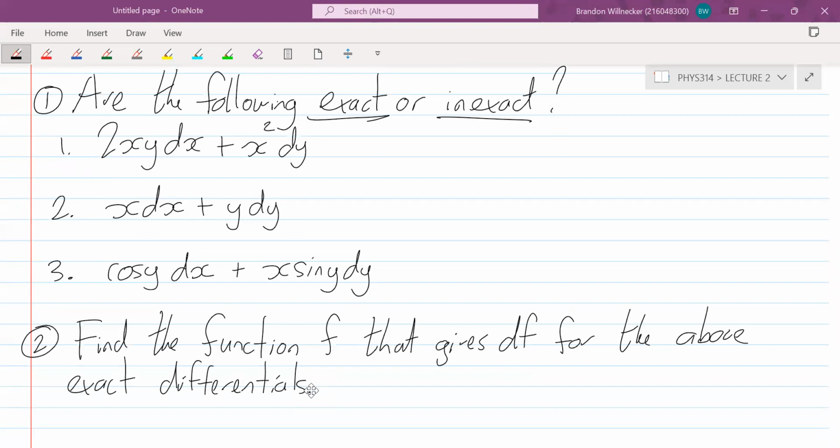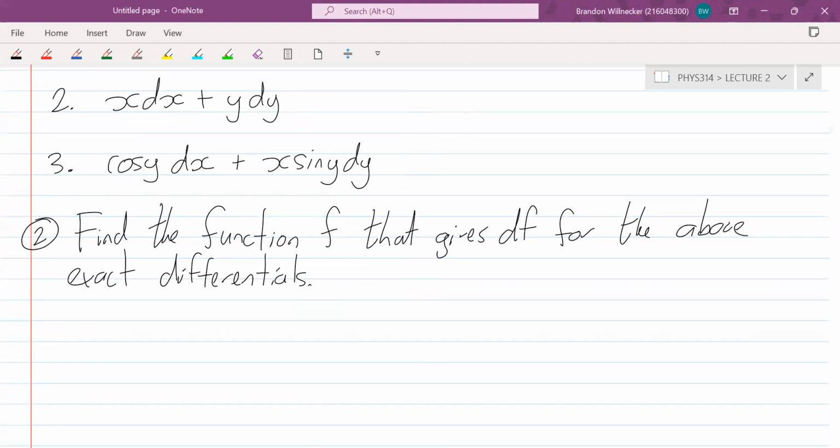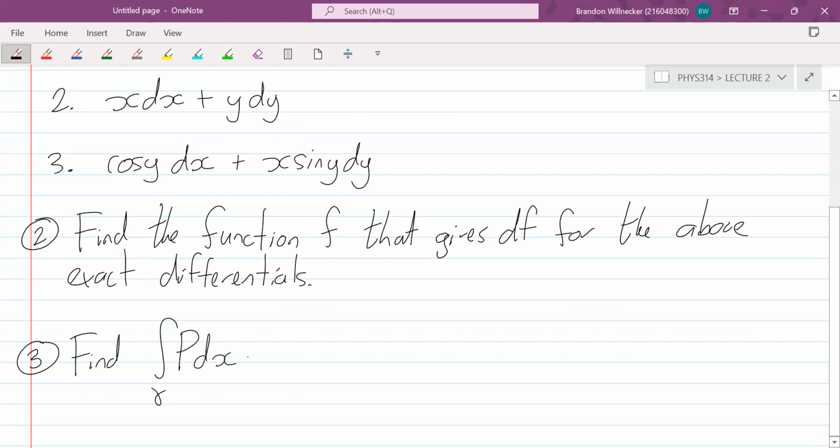The ones that are exact will have a function f such that if you find df, you get back to the differential. Find those functions. And number three, find the integral over gamma of P dx plus Q dy for the following two curves.